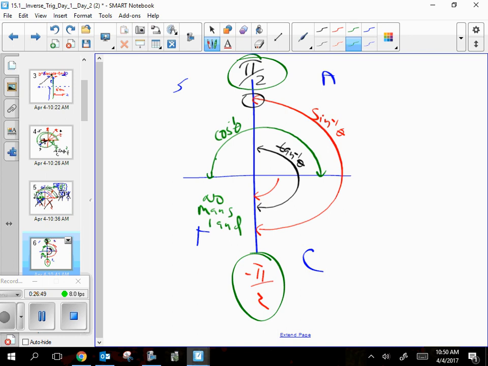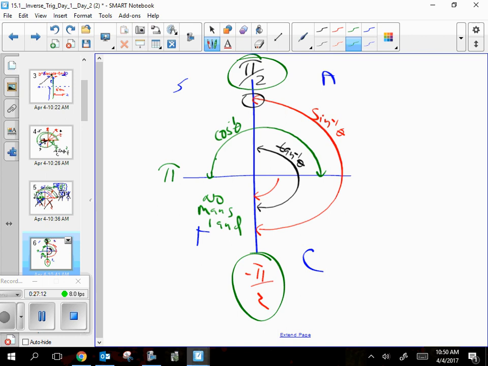You're in an area where there's no solution. So do you get it can't be bigger than pi then? Your answers for this test cannot be bigger than pi as long as you're doing an inverse question. Remember, like I said, we're going to have some review questions from previous tests. Those can be bigger than pi. But if it's an inverse question, it can't be bigger than pi.